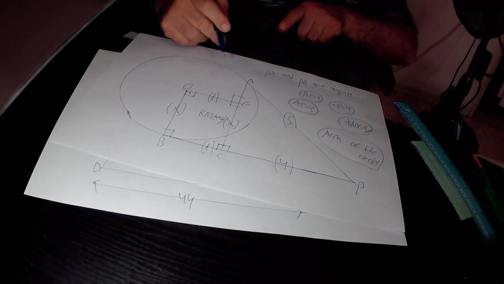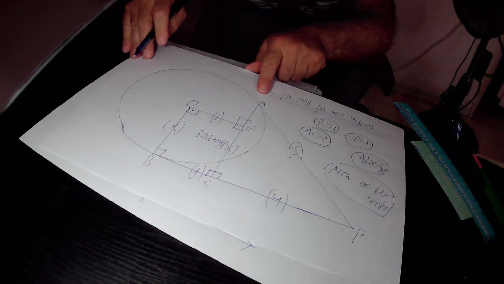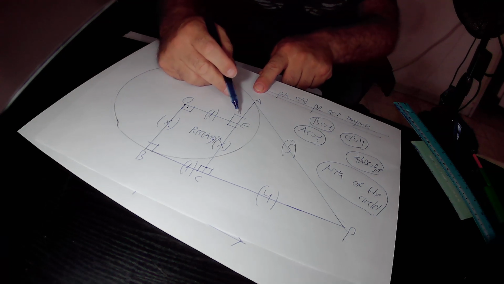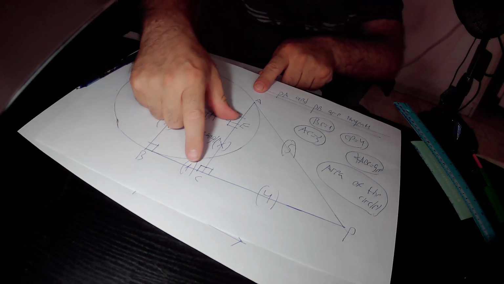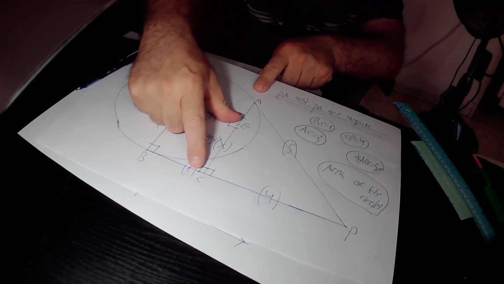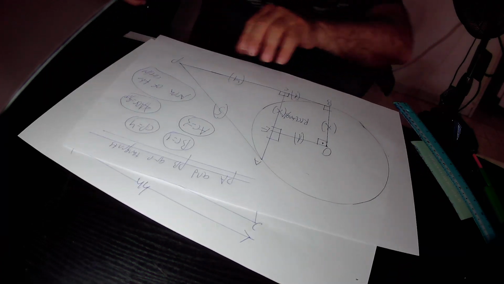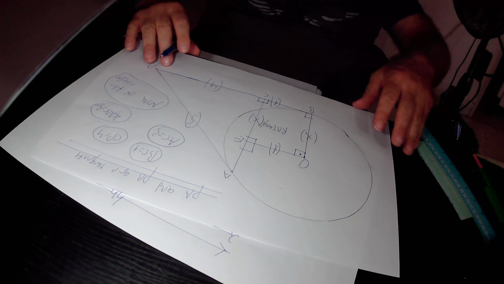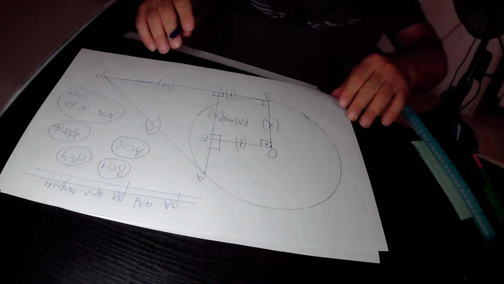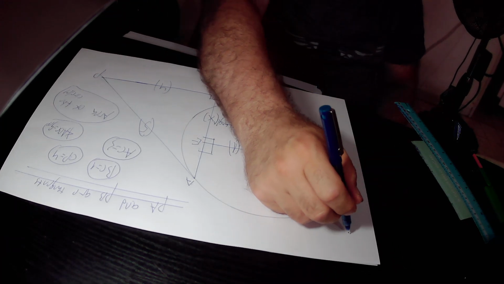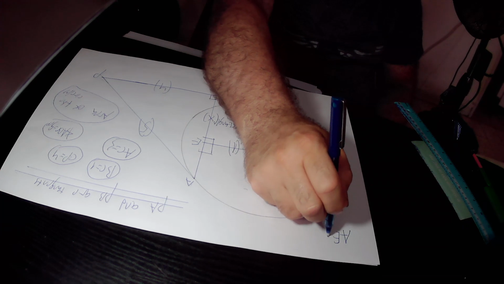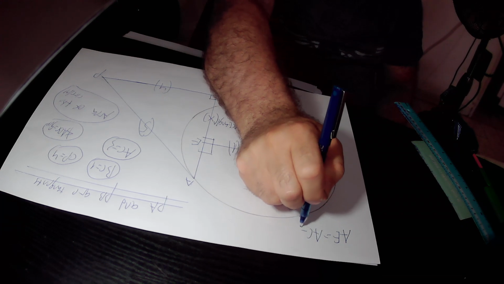What is the length of line segment AE? From the drawing, it is very easy to see that AE equals AC minus EC. Again, AC minus EC equals AE. So I write it down. AE equals AC minus EC.